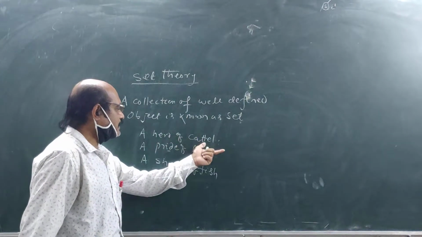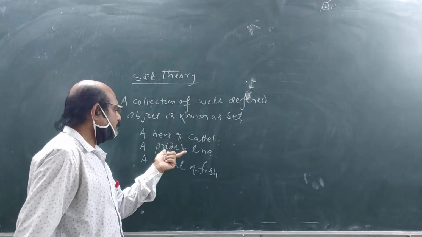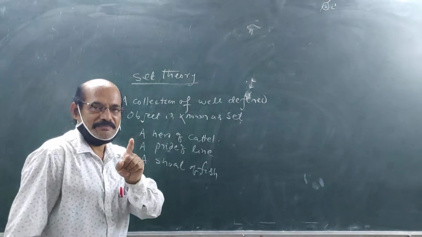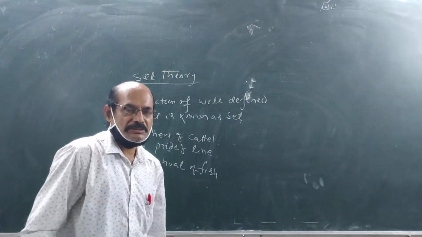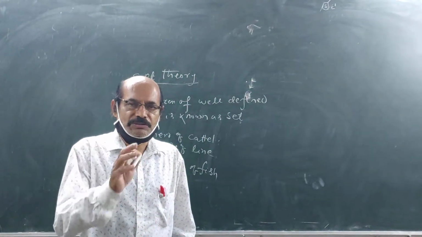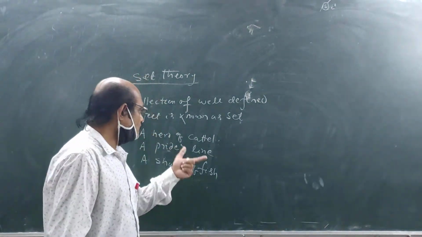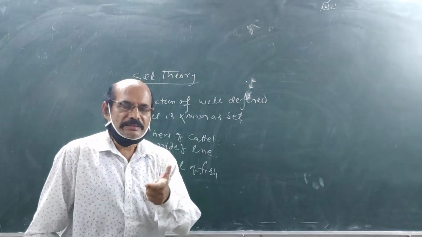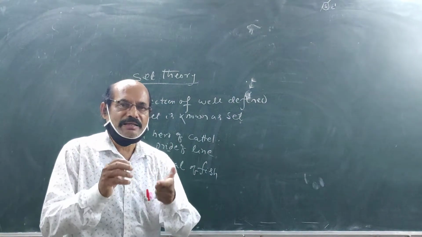A herd of cattle is a collection of cattle, a pride of lions is a collection of lions, a shoal of fish is a collection of fish. That collection should be well defined. So the set is that thing which is the collection of well-defined objects.